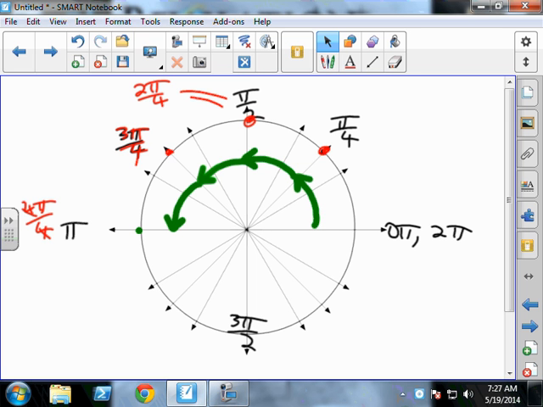pi over 4, if you can think that way, you should know then, down here in the third quadrant, that 45-degree reference angle, we were 1 pi over 4, 2 pi over 4, 3 pi over 4, 4 pi over 4, so you guessed it, it's 5 pi over 4. Okay. Again, clocking another 45 degrees, 5 pi over 4, so 6 pi over 4.